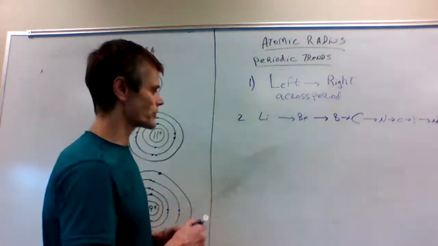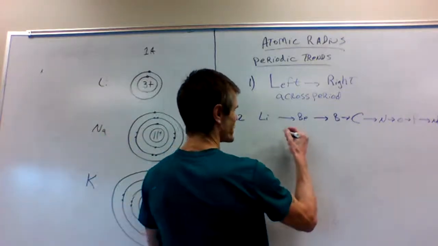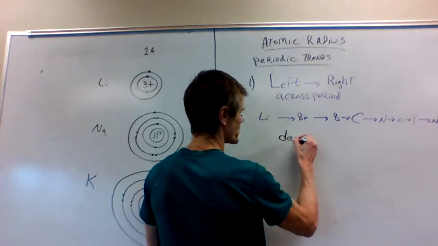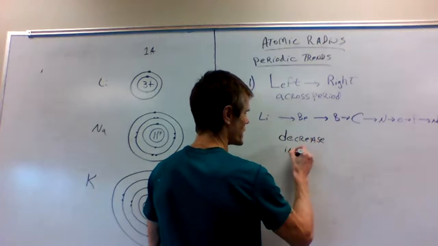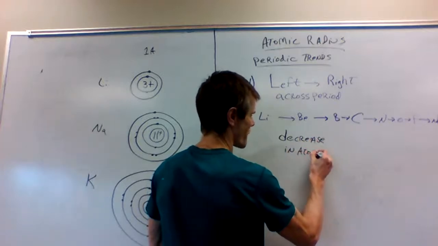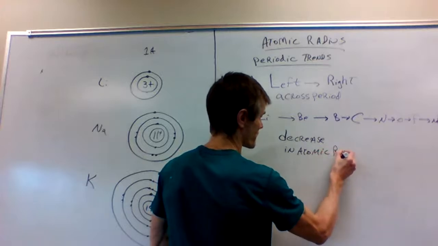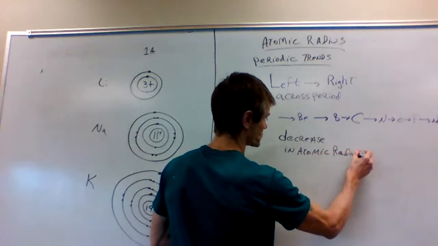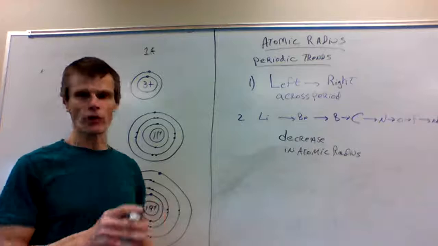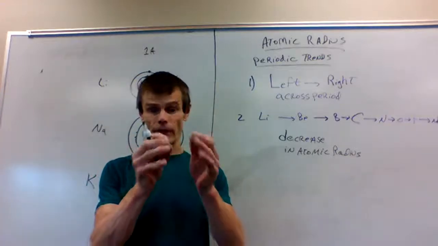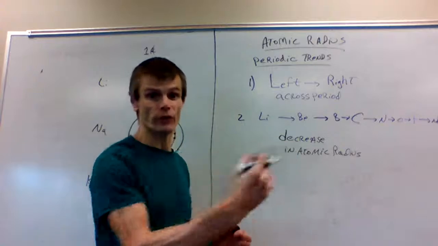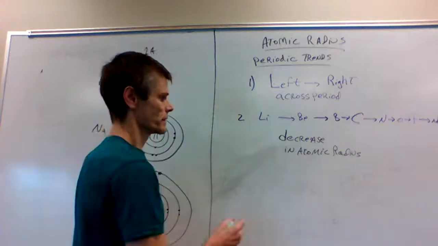Left to right across a period, there's going to be a decrease in atomic radius. And this decrease in atomic radius is due to the fact that the effective nuclear charge is increasing from left to right.